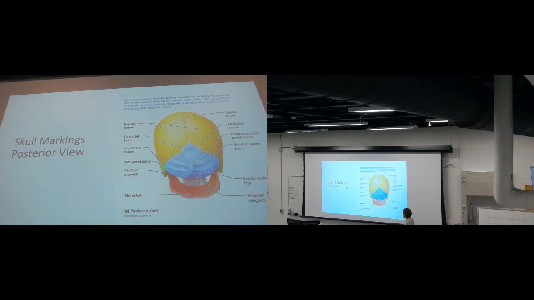In the posterior view of the skull, we have different markings. So here are left and right parietal bones, and we have a suture between the left and the right parietals. This will be the sagittal suture. And then you can see this lambdoid suture, which happens between the parietal bones and the occipital.